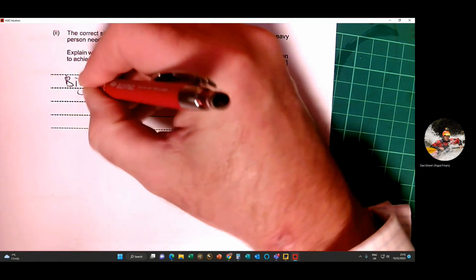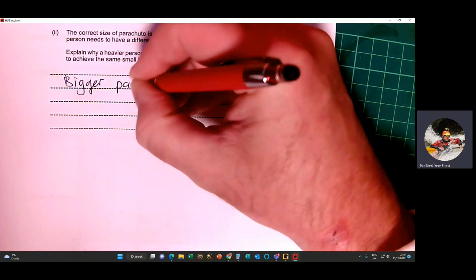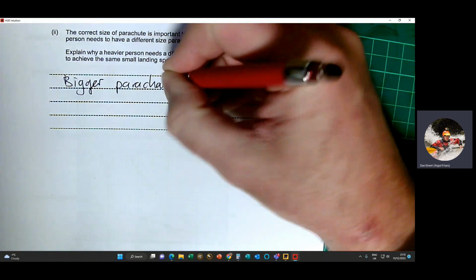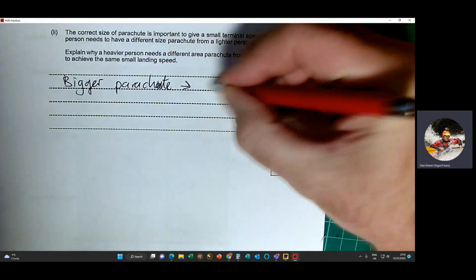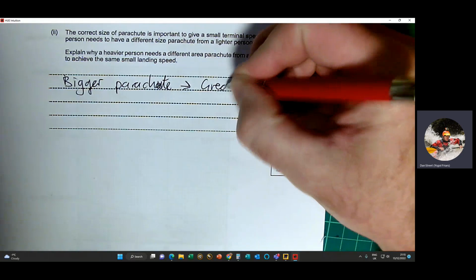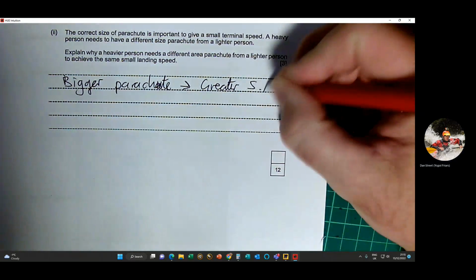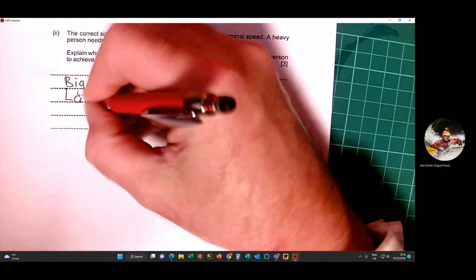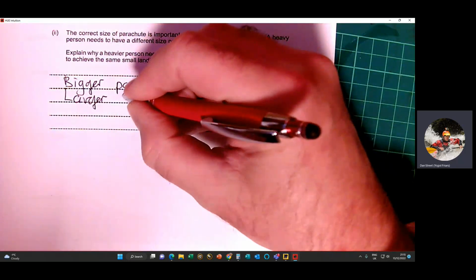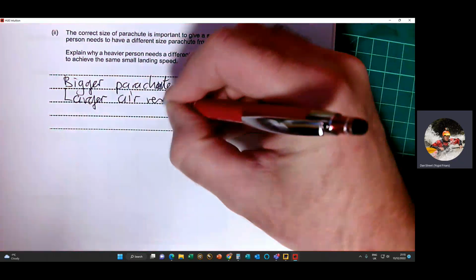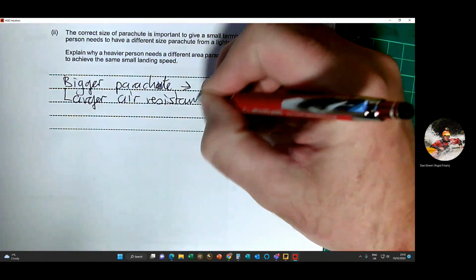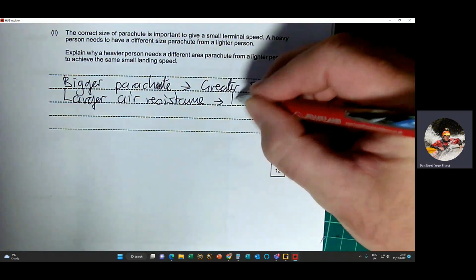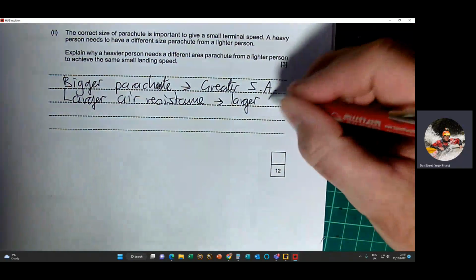Okay, so you need a bigger parachute, and that bigger parachute gives you a greater surface area, and that greater surface area produces a larger air resistance, which means a larger force.